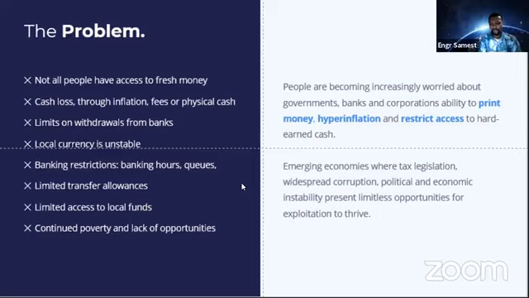And imagine economies where tax legislations, widespread corruption, political and economic instability present limitless opportunities for exploitation to thrive. In Nigeria presently, when we talk about corruption, when you talk about the political and economic instability we have, you can testify to all those things that we are experiencing in our country.